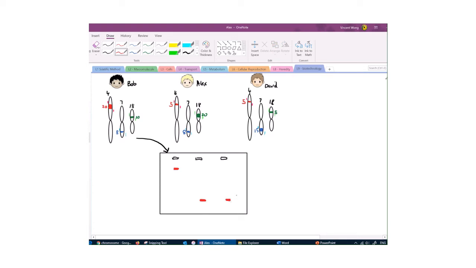Okay, so if we were only to look at one single STR region, it's not very informative. We can tell that this person and this person are not the same person, but based on just one single location, it's hard to tell whether this is from the same person or not, right? They have the same tandem repeats, but what about other locations? That's why it's important to check other chromosomes as well.